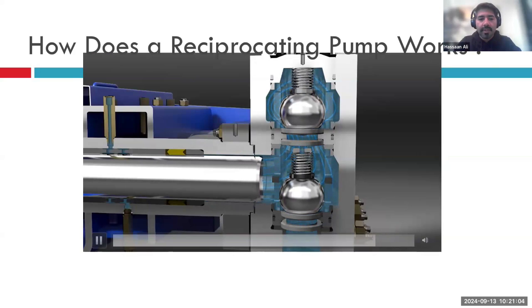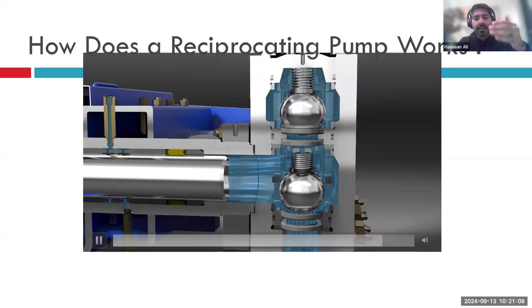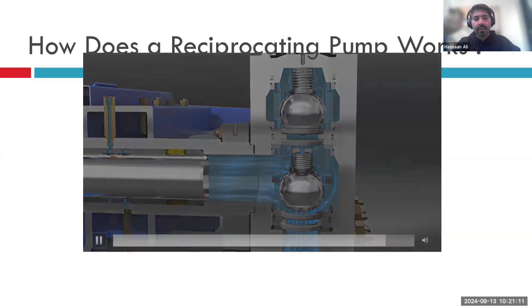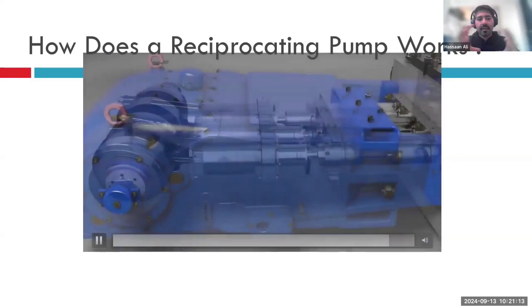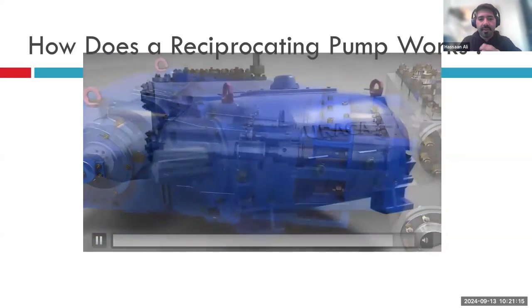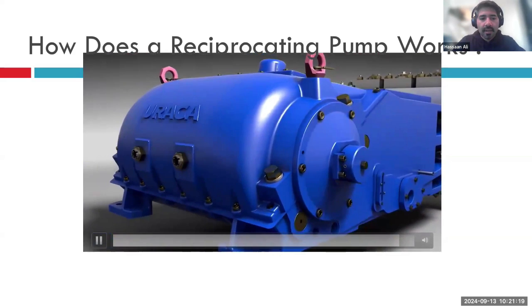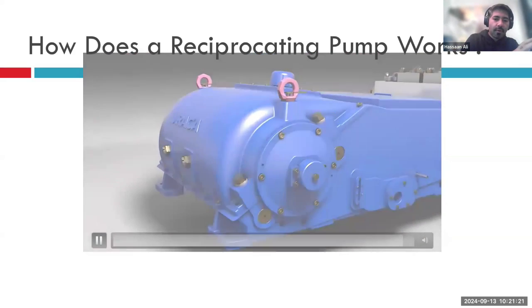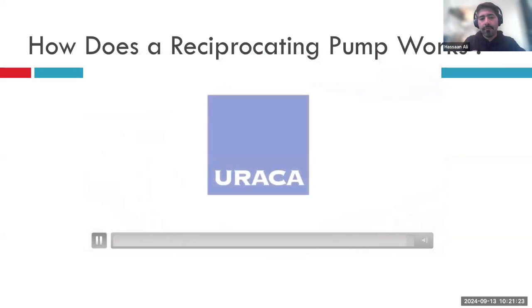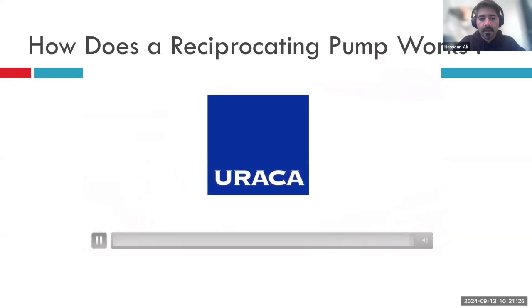Essentially, you want to time it in a way that when one cylinder is doing forward motion, the other cylinder is doing the backward motion, and so on and so forth, so that the vibration is nullified or cancelled. If all are moving forward or all are moving backward, we will have a very high vibration in the pump, which can actually damage the pump. And you ensure this back and forth motion through the crankshaft.